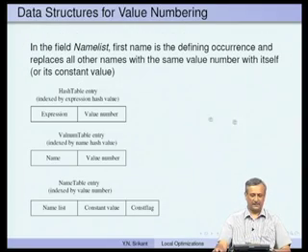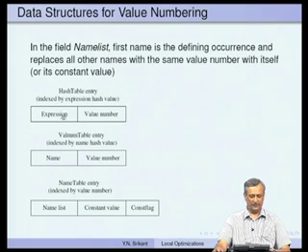So, here is a hash table entry. It is indexed by expression hash values. In other words, we take an expression, hash the expression, that will give us some particular value index, and go to that particular index in this hash table. If the expression which is present there is the same as the one we are searching, then there is success, and if there is no success, if necessary, we insert that particular expression into that index.